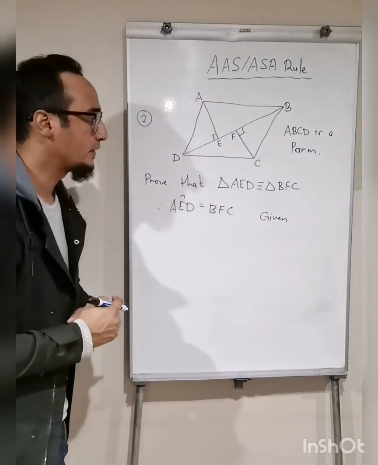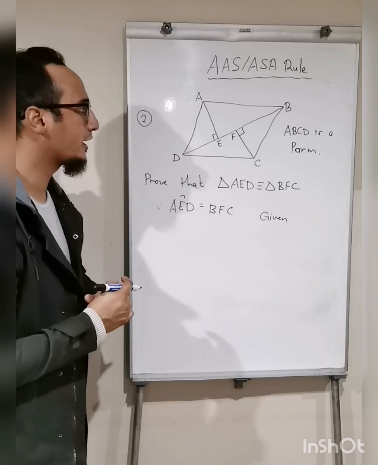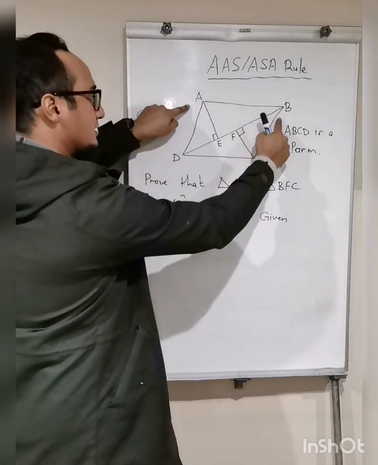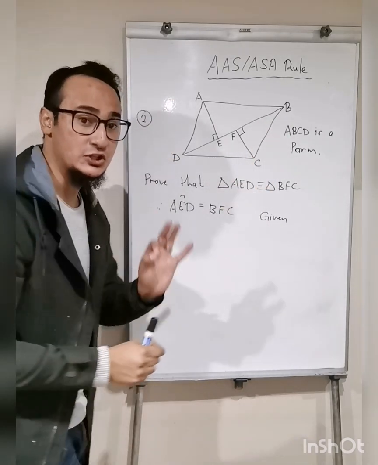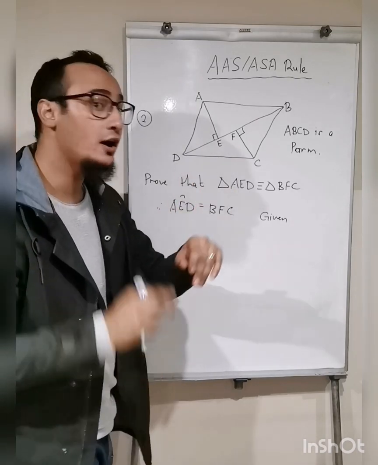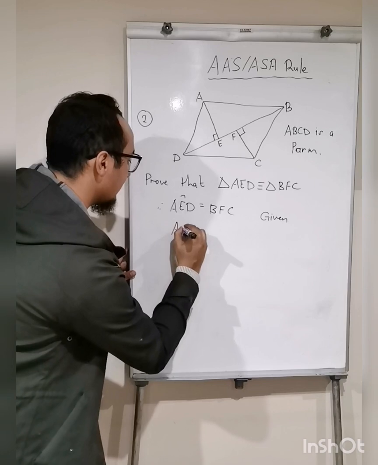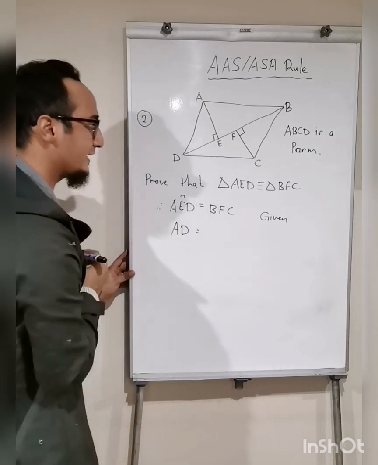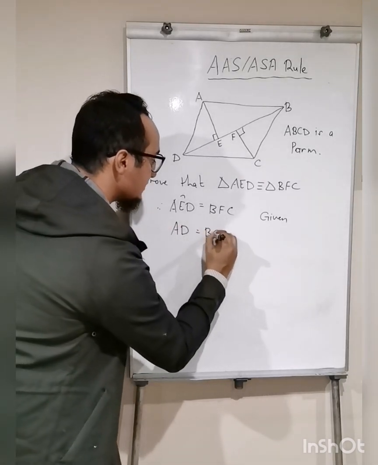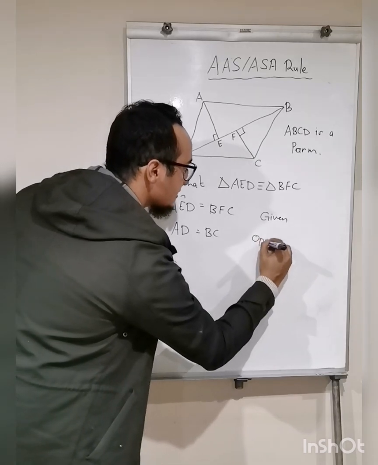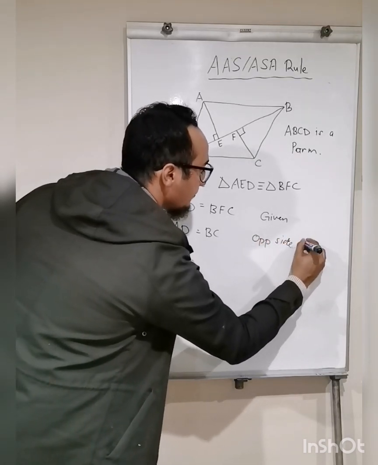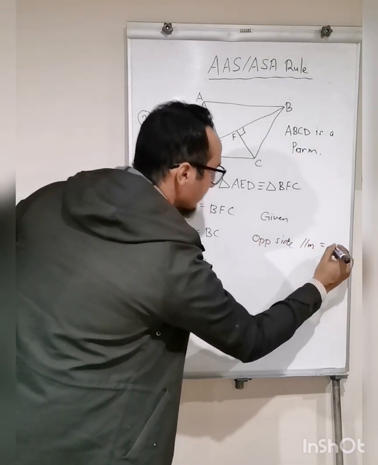That's already an angle. And because it's a parallelogram, I can say these two sides are equal because opposite sides in a parallelogram are equal. So therefore, AD would be equal to BC because opposite sides in a parallelogram are equal.